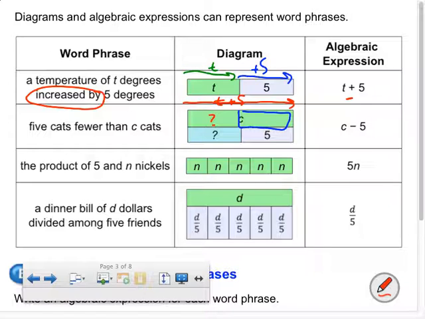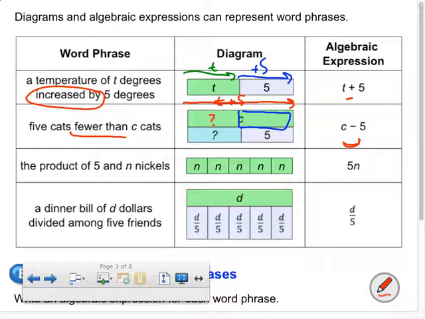If you don't understand it, I wouldn't stress too much about it. You're not going to see this on a Connexus assessment. You might see it on Park, but you're not going to see it on a test or quiz in this class. All right, and if you look, fewer goes with subtract, right? So fewer than, we have subtraction.